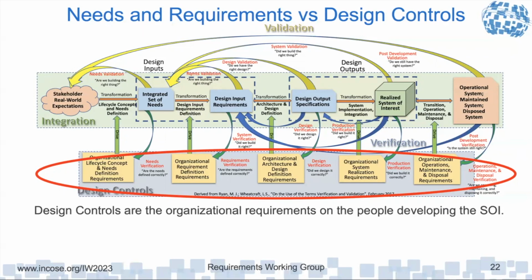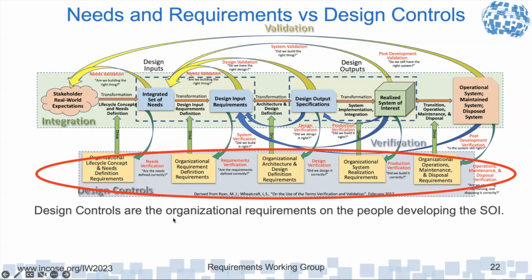Standards like 15288 outline all these lifecycle processes. ISO and IEEE have a ton of different standards on how the organization is going to do each of these transformations. There are standards on requirements, architecture, design, manufacturing, integration, and standards for how we operate, maintain, and dispose of our systems.